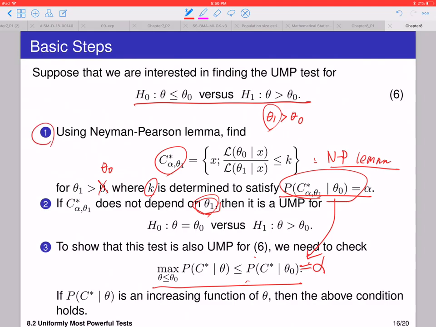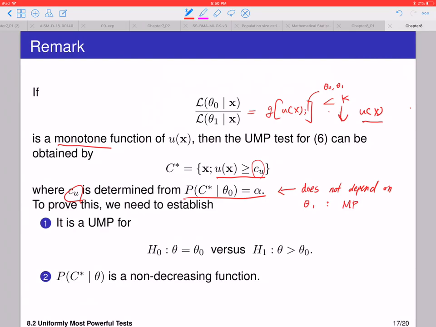You mean step 1, right? Step 1. Because it does not depend on zeta 1. Okay, step 2. Depend on zeta 1, so it is UMP. So that proves the first one. So the first part is easy.